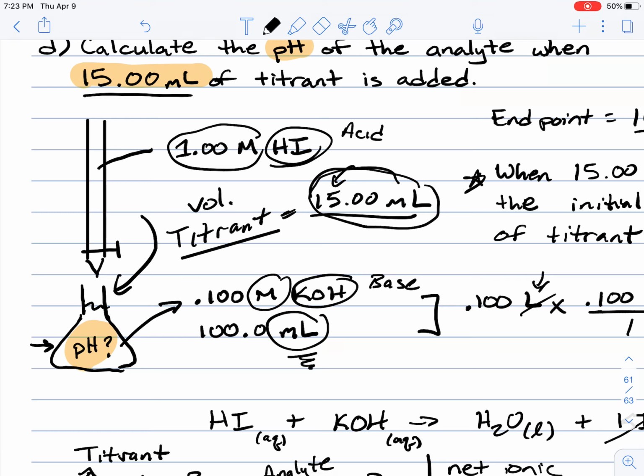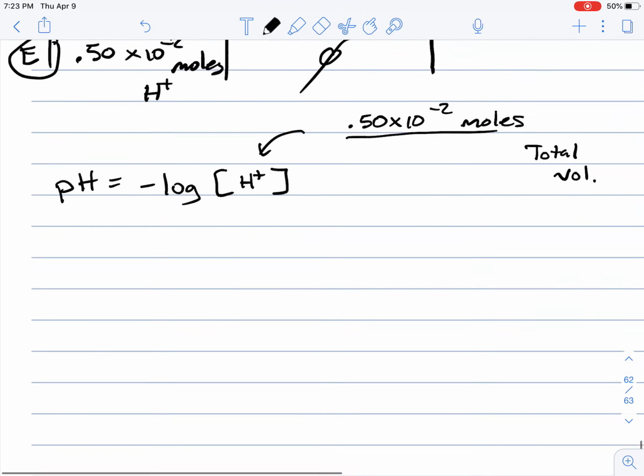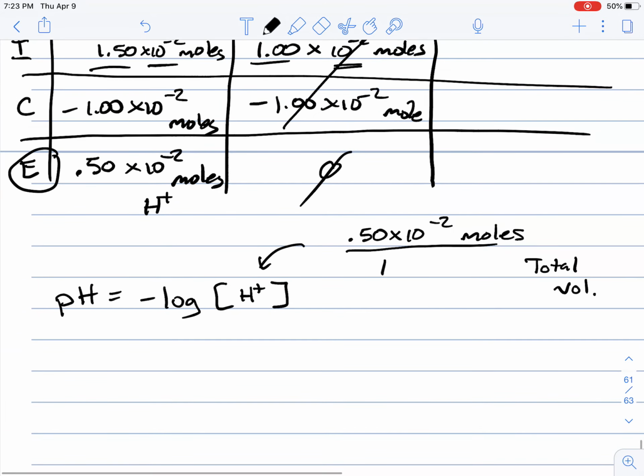We have 15 mils, and we're adding it to 100 mils. And so overall, the total volume is going to be 115 milliliters. If I want to express that in liters, which I should, because molarity is moles per liter, I'm going to get 0.115 liters.